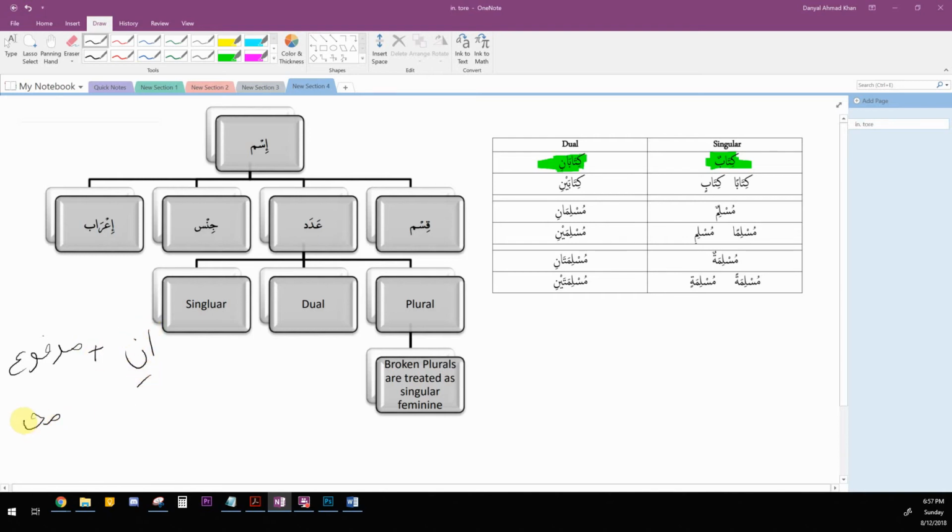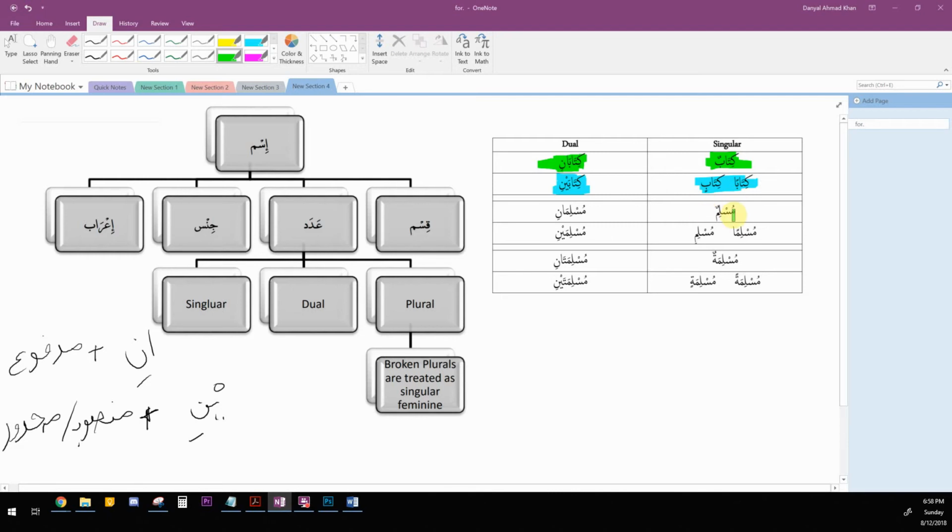For majroor and mansub, you have to add ya and nun. So we see kitabun, add alif nun, kitabani. And for kitaban and kitabin, the mansub and the majroor states, you add the ayni sound, kitabayni. And we said you determine which it actually is by the context. It sounds easier than it actually is, so don't worry about that too much.